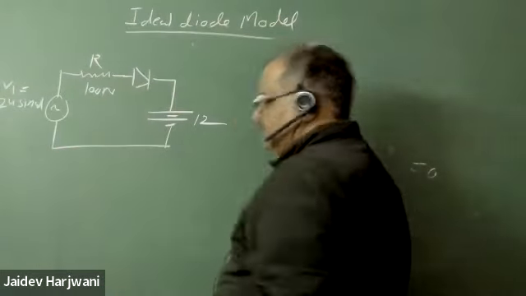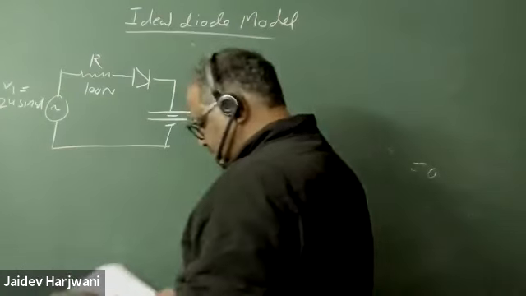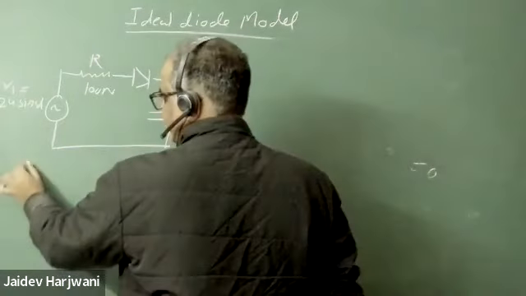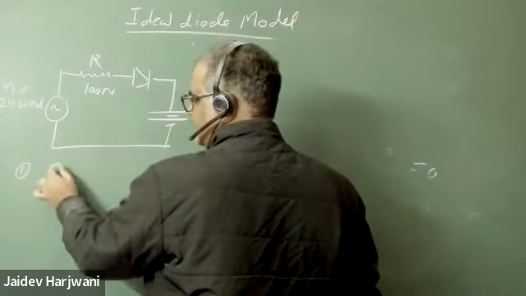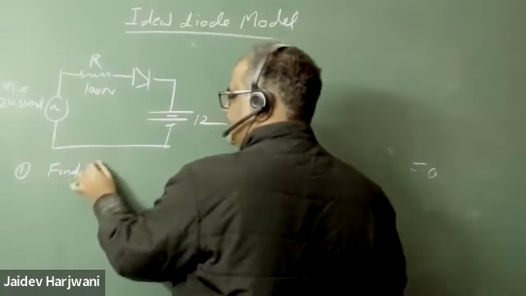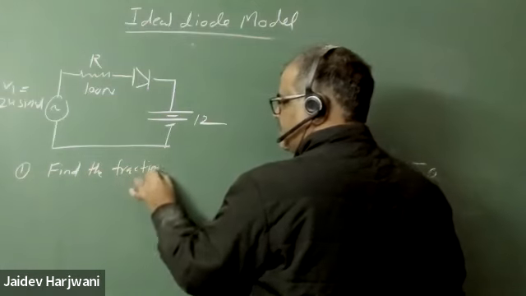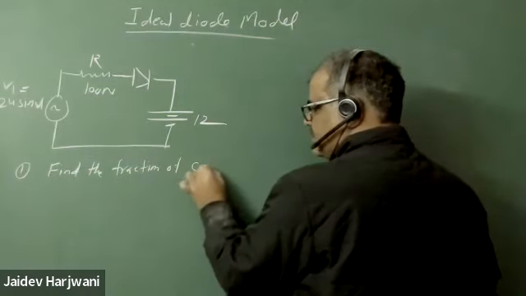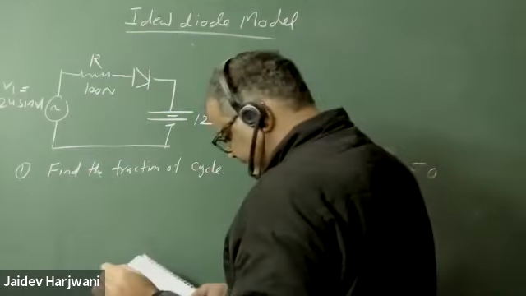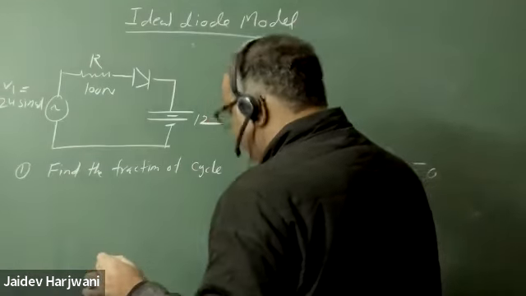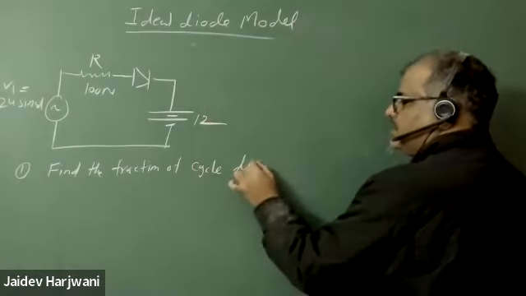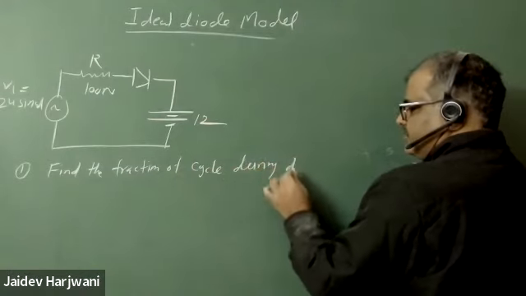So they're asking a number of questions. They're asking: find the fraction of cycle during which diode conducts.